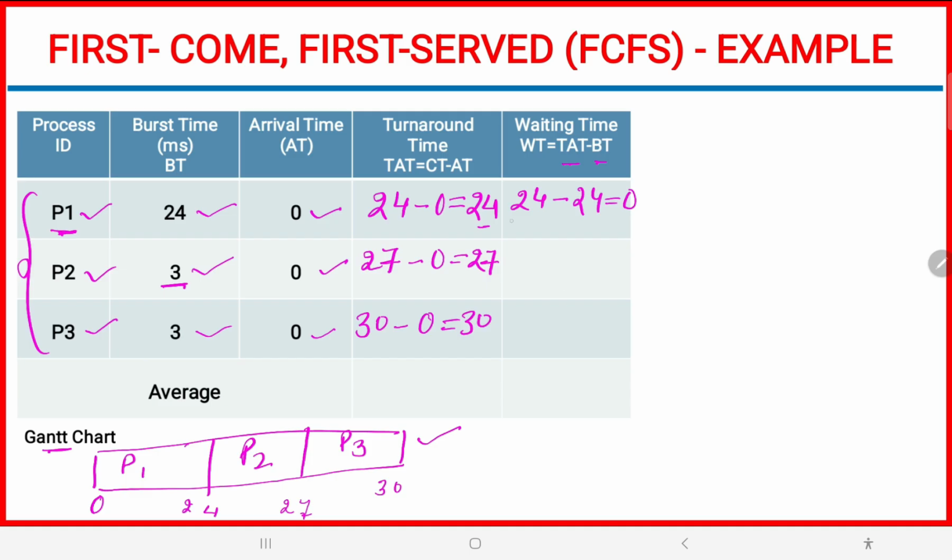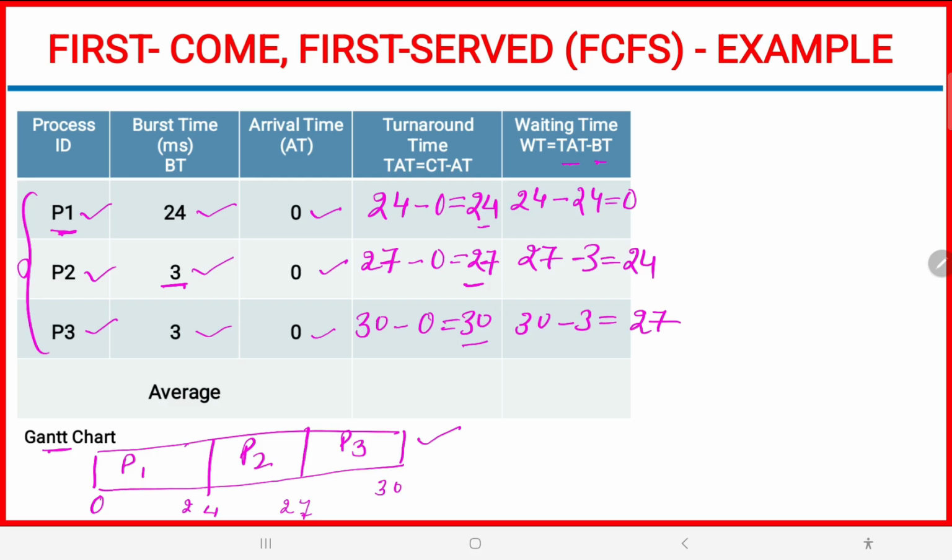Then P2's turnaround time is 27 and its burst time is 3. So 27 minus 3, so we get the value as 24. If we move to the process P3, the turnaround time of the process is 30, fine, and the burst time for P3 was 3. So the waiting time for process P3 is 27.